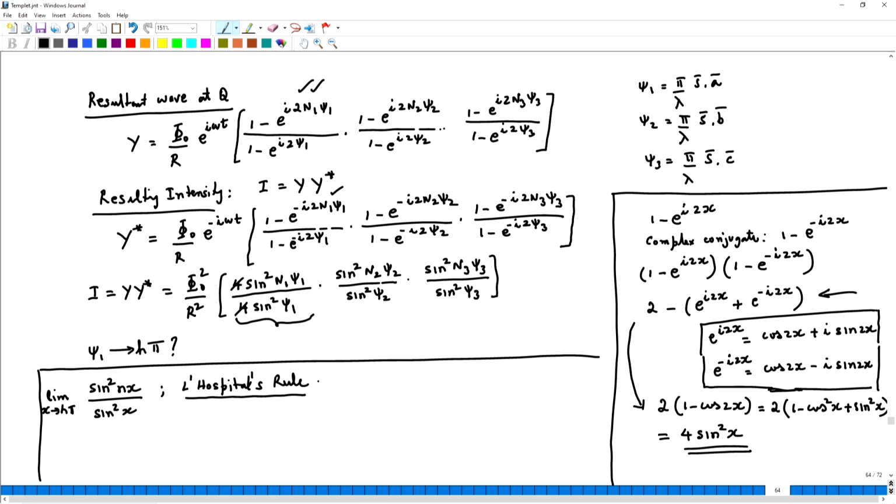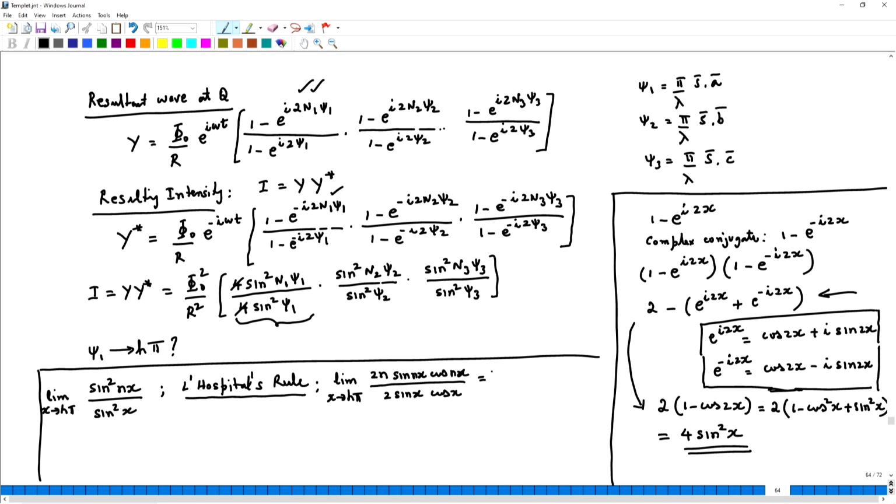So, one can then write limit as x tends to h pi, after differentiating I will get 2n sin nx cos nx divided by 2 sin x cos x.